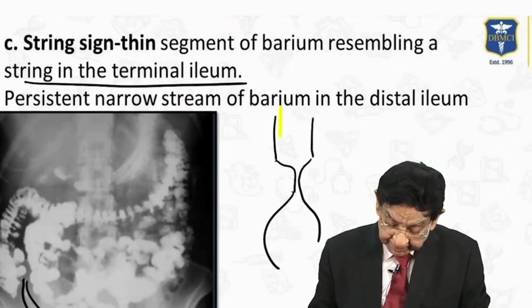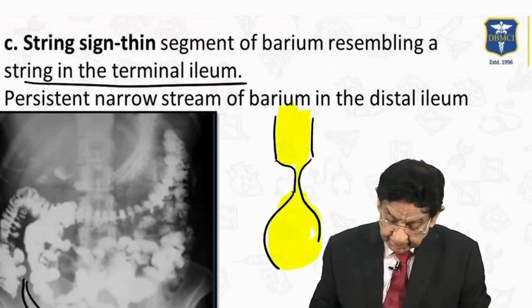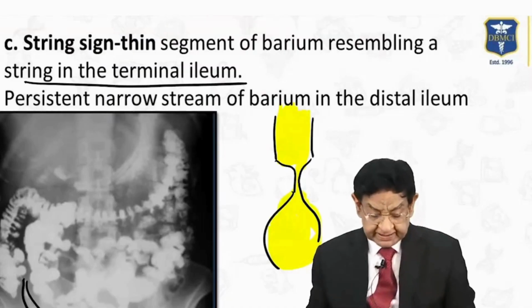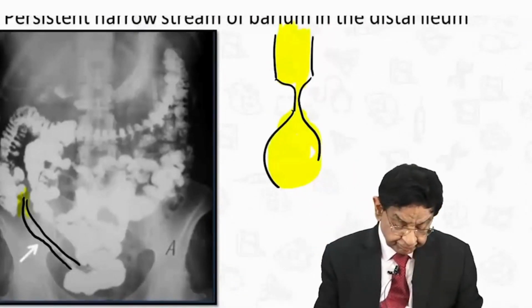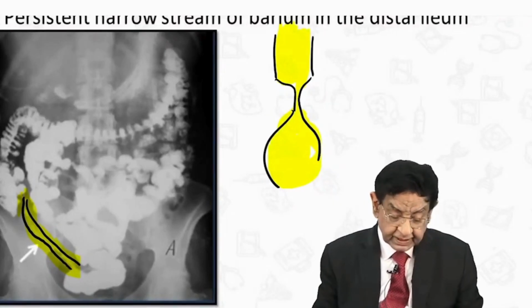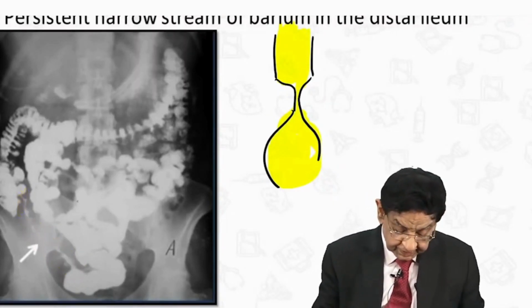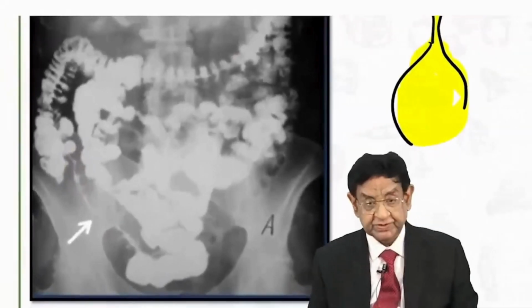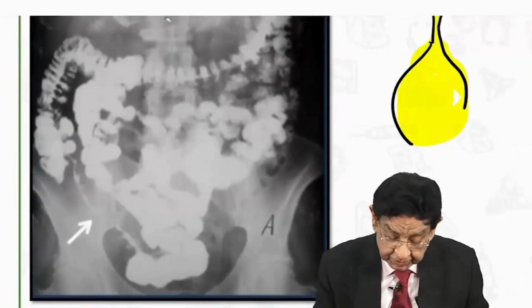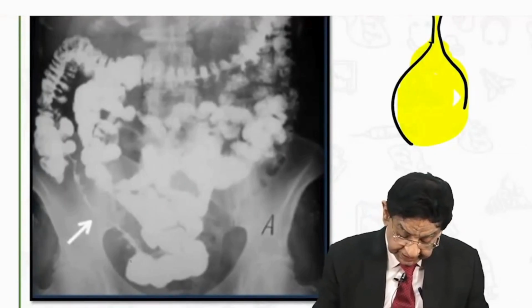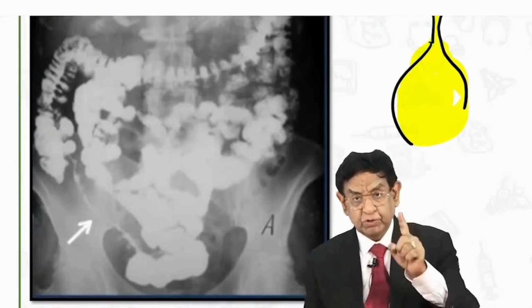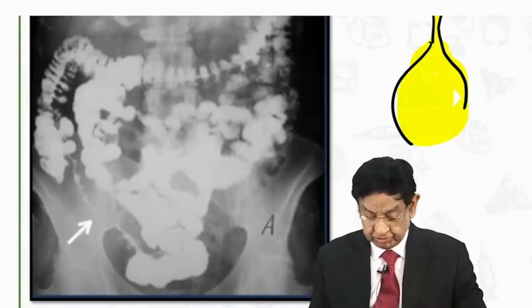There is barium coming. So a thin segment, as I show you here also. I can rub it out for you for better visibility. Yeah, it's beautifully visible now. So this is the so-called string sign, and both these signs are seen in Crohn's disease also.